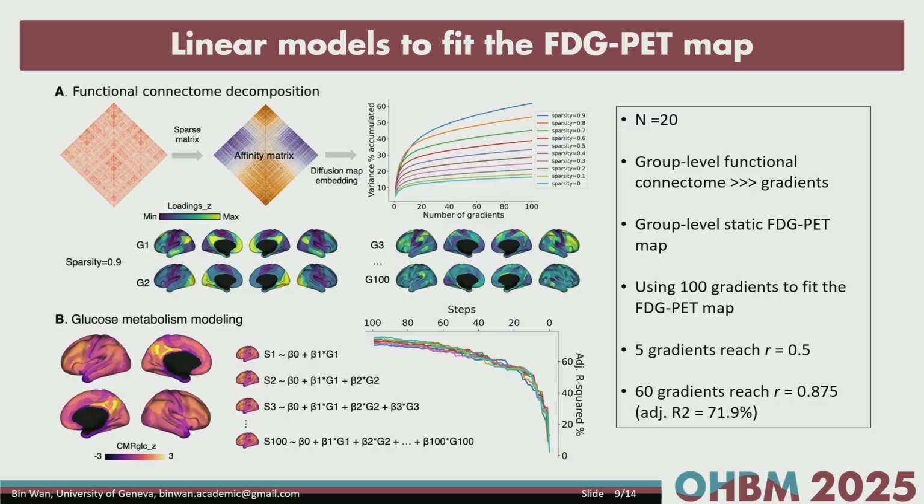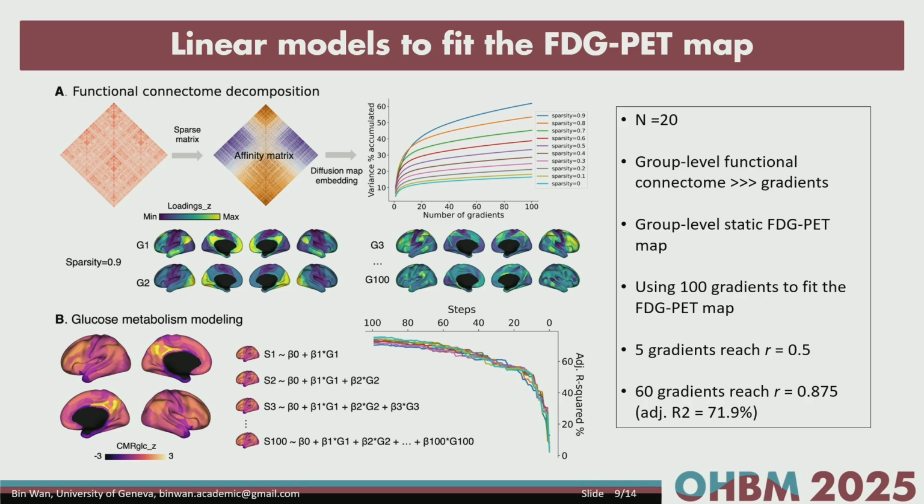Here our first results use 20 individuals, and we show group-level results. We calculate the group-level functional connectivity matrix, then sparsify the matrix and get the affinity matrix to calculate the row-wise correlations.